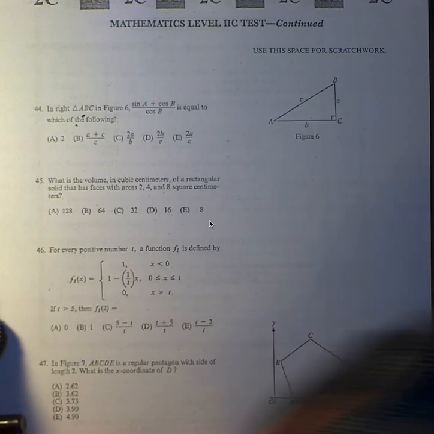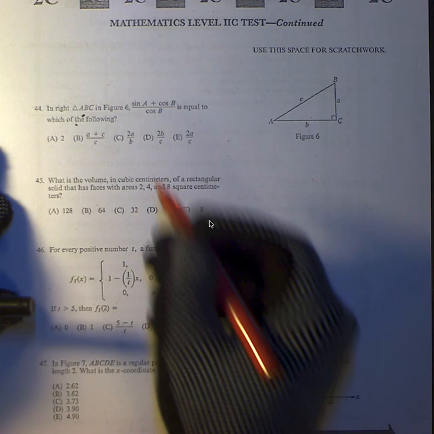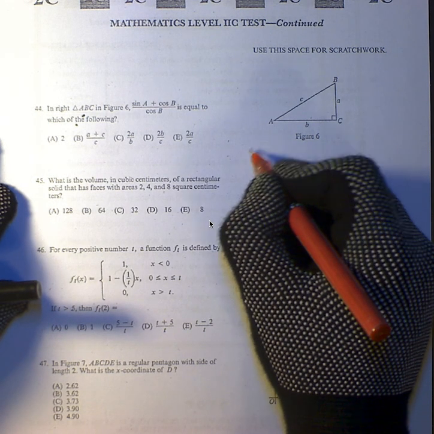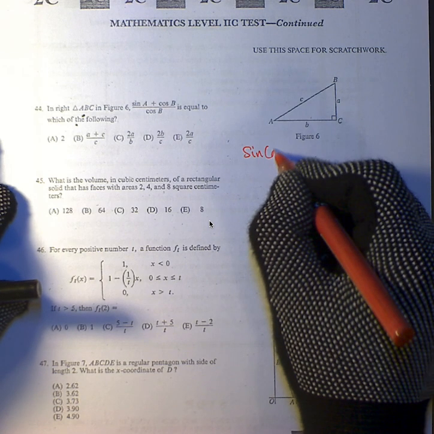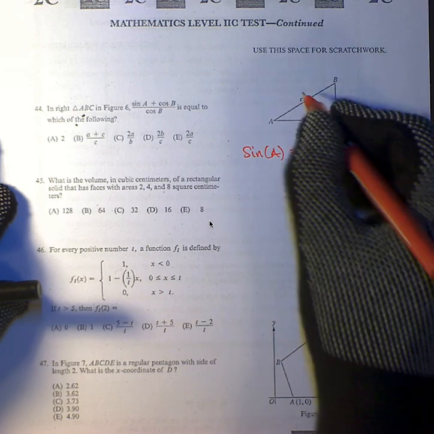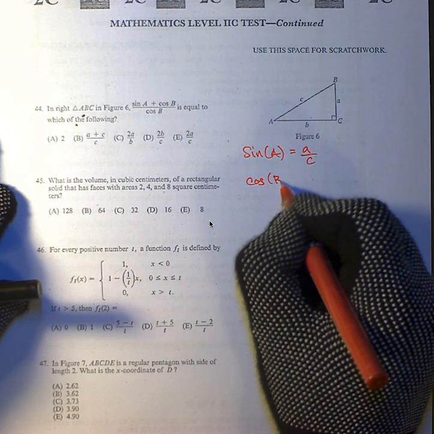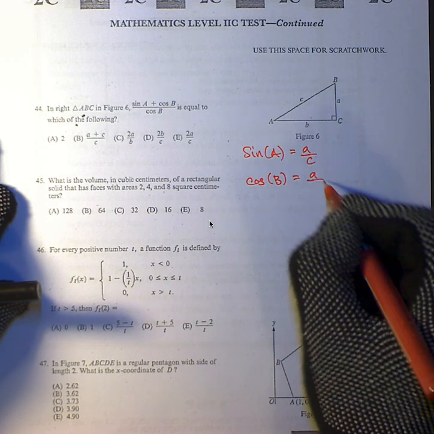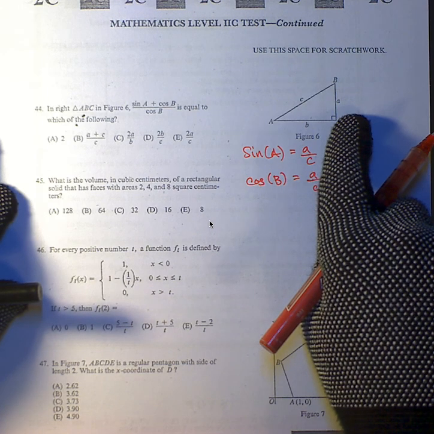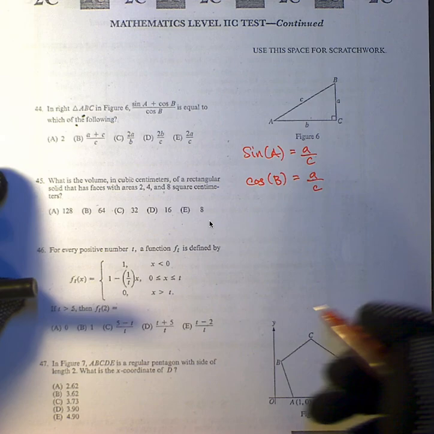All right. So 44 is pretty straightforward. It says, what is sine A plus cosine B divided by cosine B? So sine A is clearly equal to A over C, opposite over hypotenuse. And then cosine B is equal to A over C. I know that because for two acute angles inside a right triangle, the sine of one is the same as the cosine of the other, but you could also check based on how this is labeled.